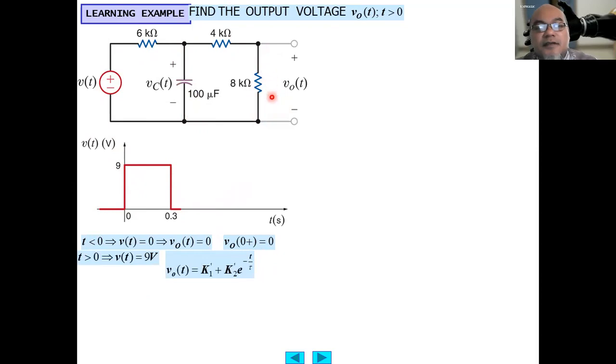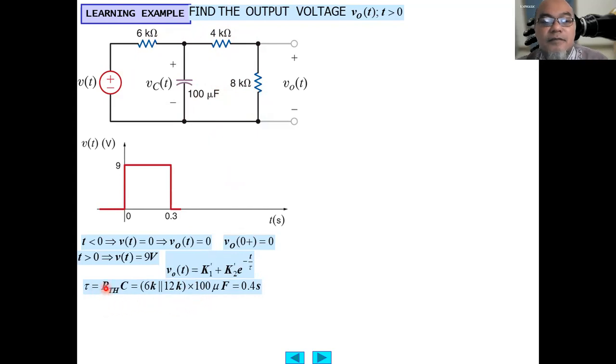The V output t here will be equal to K1 dash plus K2 dash exponent minus t over tau. The tau will be obtained by finding the Thevenin equivalent resistor from this terminal to this terminal, which is equal to 6K in parallel with 12K, so this one.